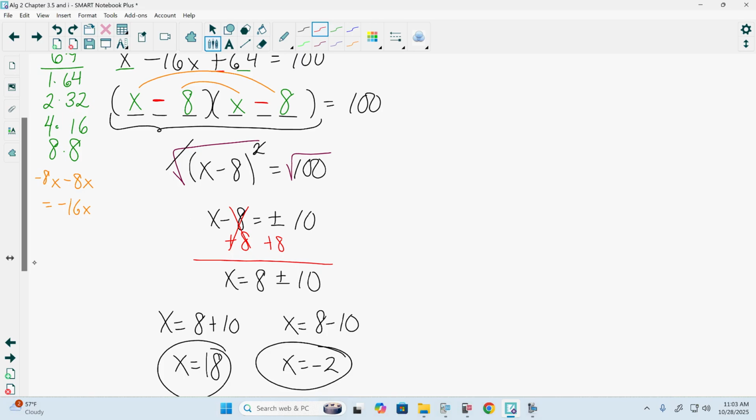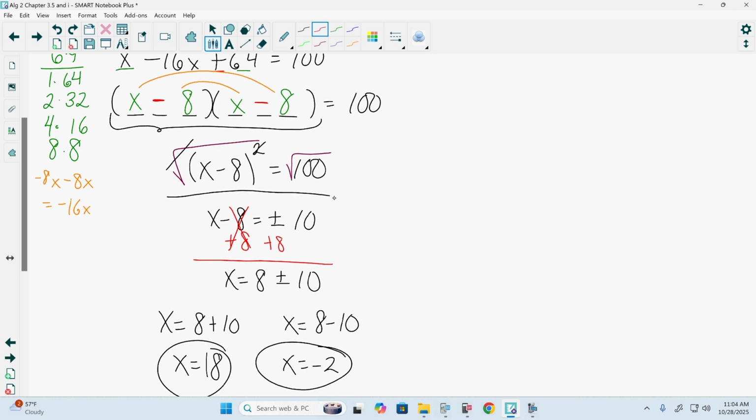It could be 0, it could be a positive number, it could be a negative number. At that point, where we get that single set of parentheses being squared, we can use the square root method and we can solve. That gives us a way to start solving any quadratic.